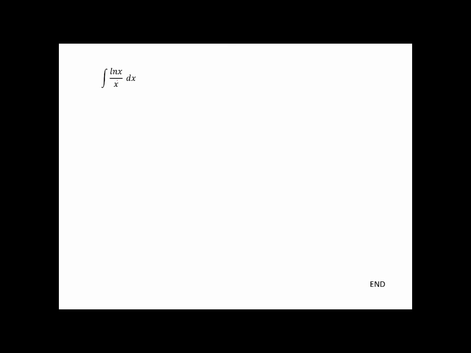So here I see ln x and the 1 over x again. ln x multiplied by 1 over x dx. Same thing. u equals natural log x. du is simply 1 over x dx. Plug in u du, which is 1/2 u squared plus c.